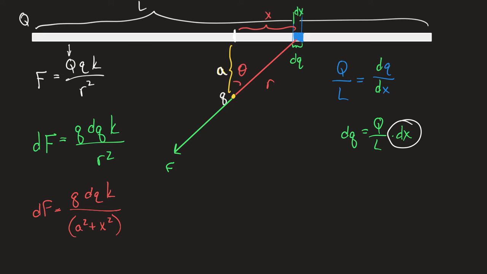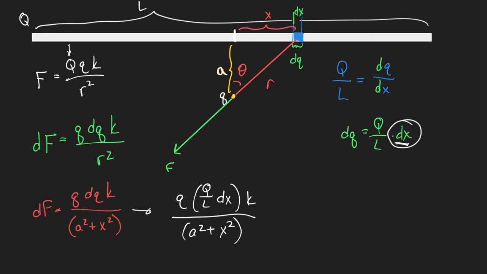So I'm using x purposefully, because what I'm really telling my problem is that my piece of charge is located a distance x from the center, and it is a little bit more than x, or a little more in the x direction wide. That's what dx is really saying here. Because if I do that, it lets me write my charge in terms of the length of the piece.